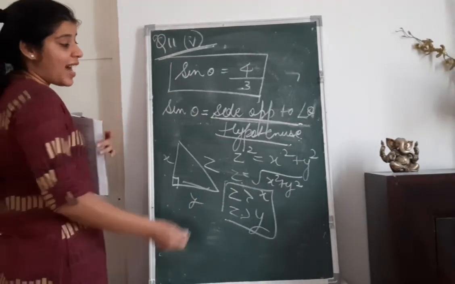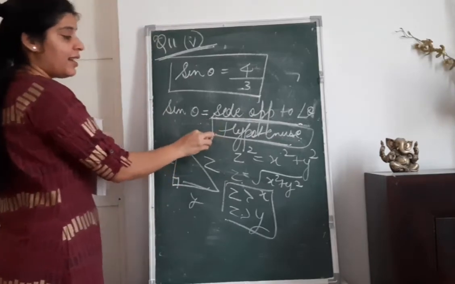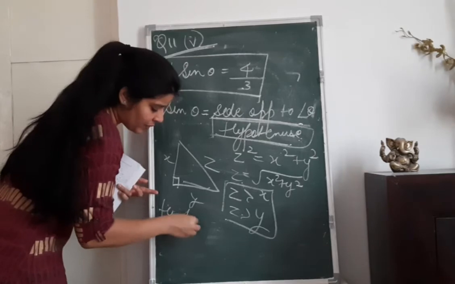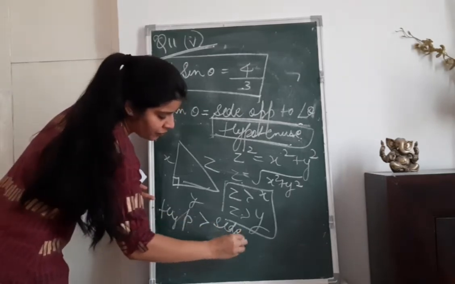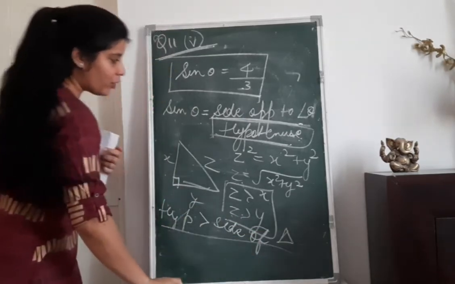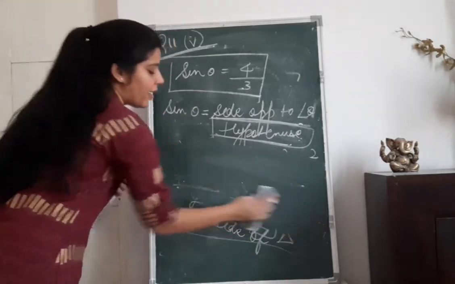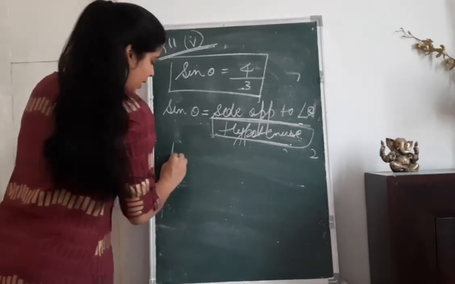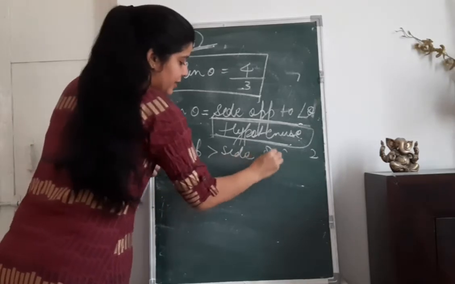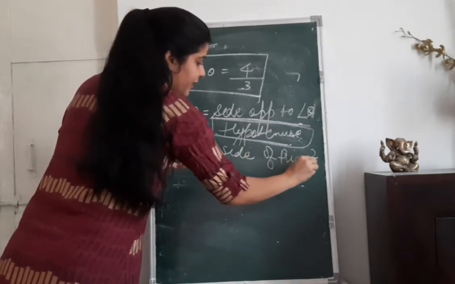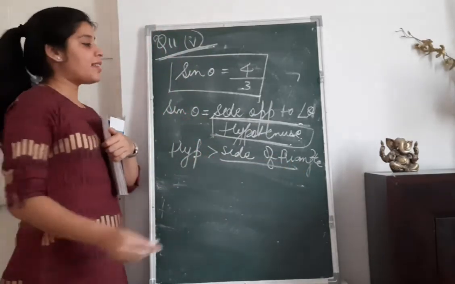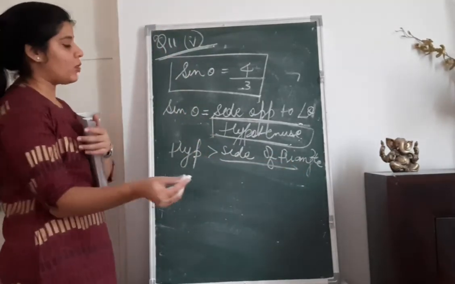So, can I say hypotenuse is always going to be greater than the side of that triangle? Hypotenuse is always going to be greater than the side of triangle. That can be the side opposite to angle theta or side adjacent to angle theta.